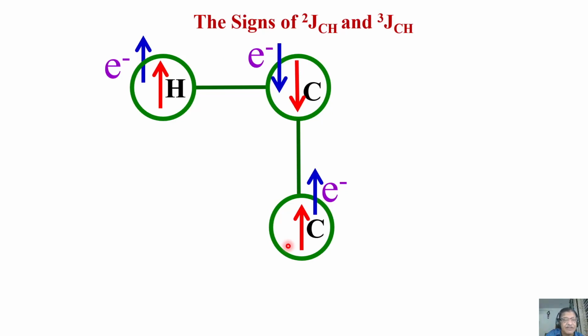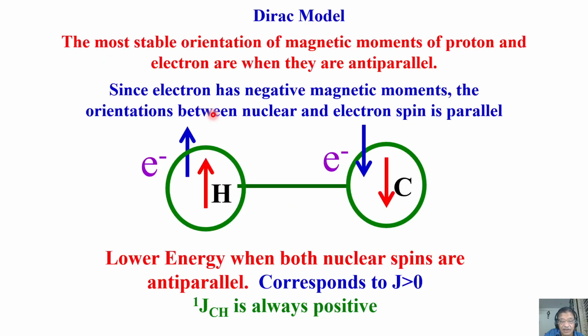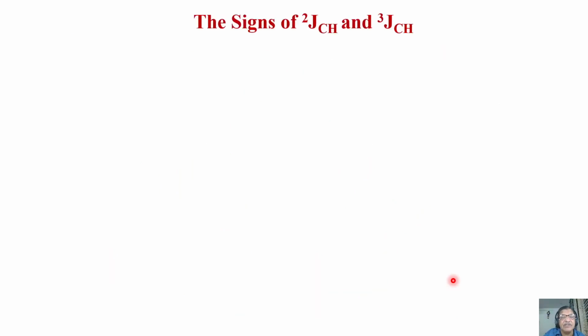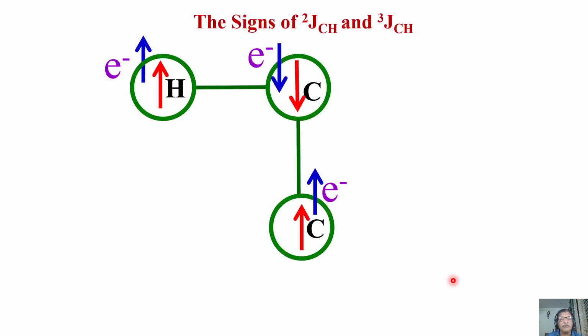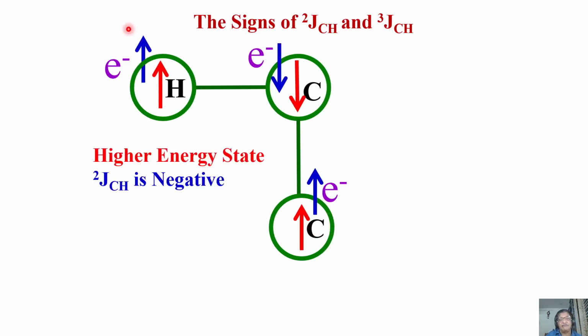What did I say in the previous case? When they orient anti-parallel to each other, it is a lower energy state, and the lower energy state when they are anti-parallel corresponds to the positive J coupling. Please understand that's a convention. In this case, what is happening? They are parallel to each other. It is a higher energy state, a little unstable configuration.